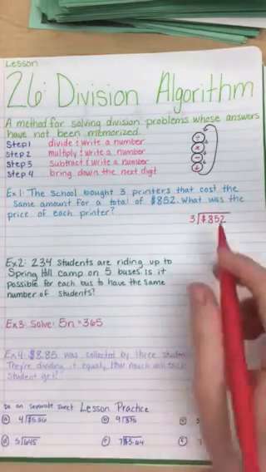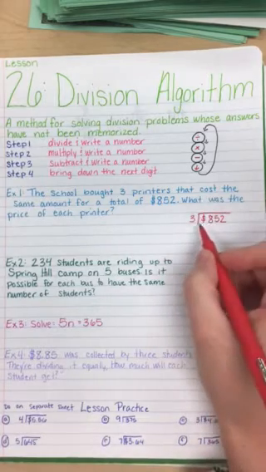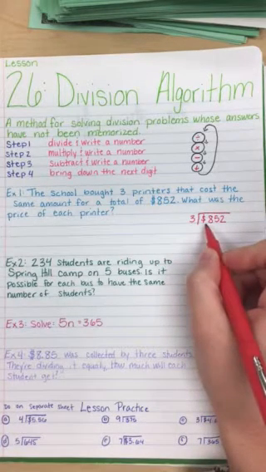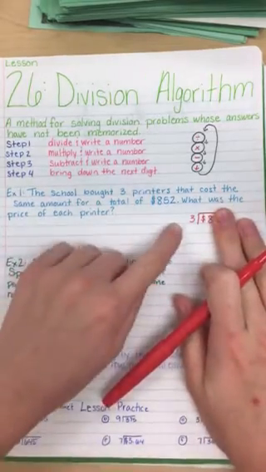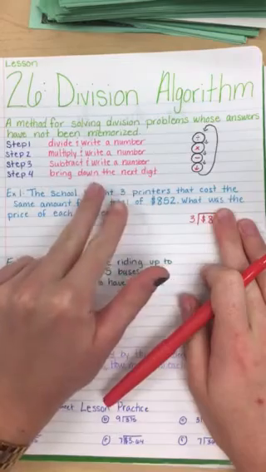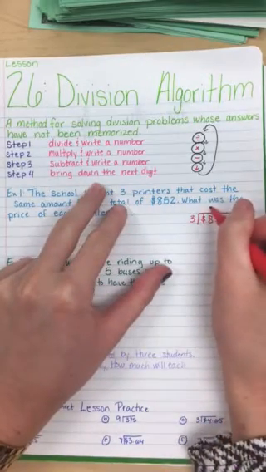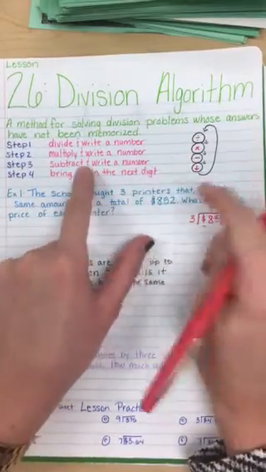You're trying to figure out how many times 3 can go into 852. First, look at the first digit: how many times can 3 go into 8? 3, 6, 9. It can't go 3 times because that's 9, so it goes 2 times.